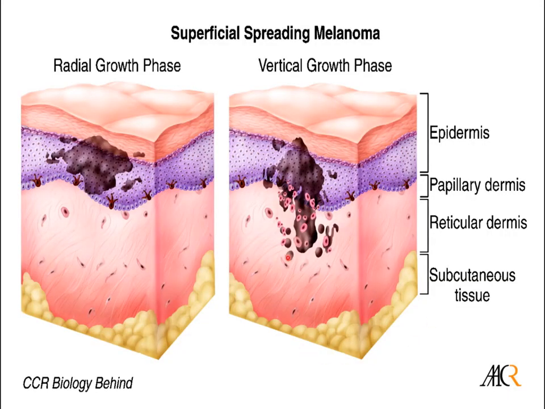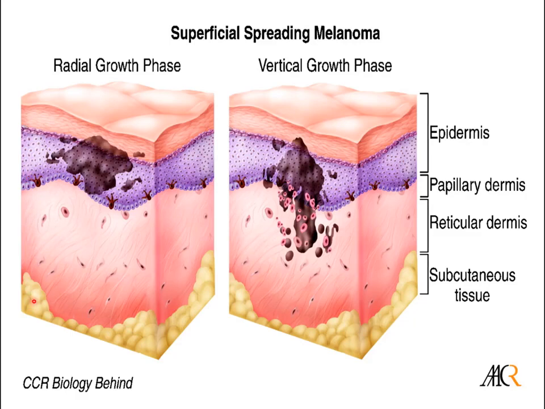Here is a diagram showing the patterns of growth of melanoma. Here is the radial pattern of growth. This is the epidermis, the blue one here, this is the dermis, and this is the subcutaneous tissue.